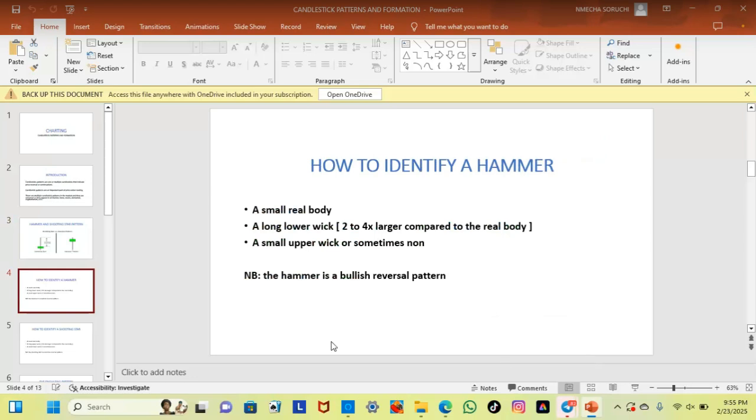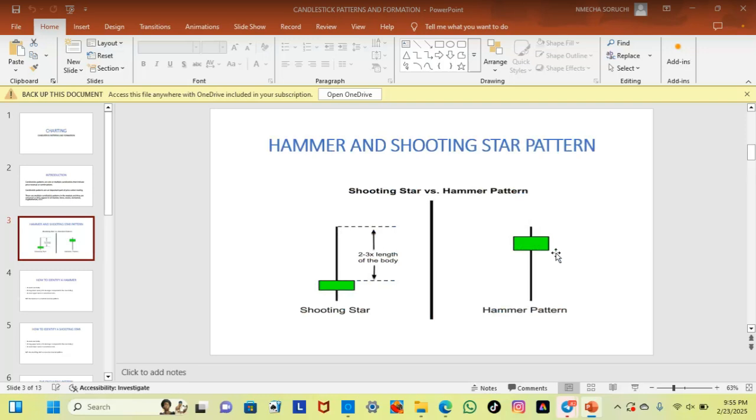You can see it clearly here that the body is small. I believe you cannot see my marks, but on my phone I can see it. See that the body here is small. So it has a small real body.